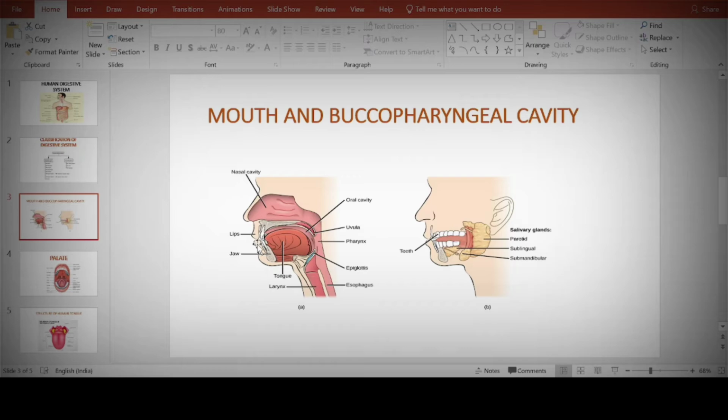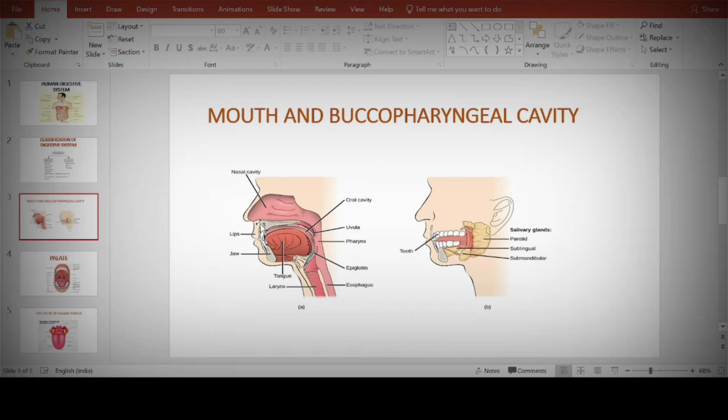So the mouth is a horizontal transverse slit, and it acts like an aperture. It is surrounded by the upper lip and the lower lip, which are attached to a specific muscle termed the orbicularis oris.